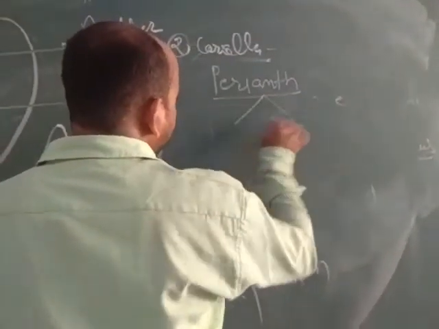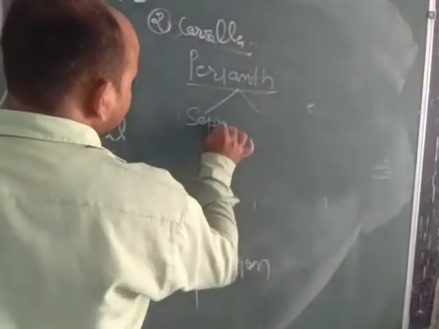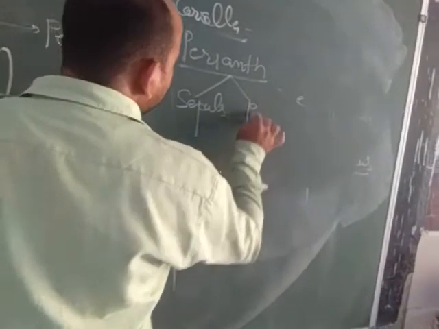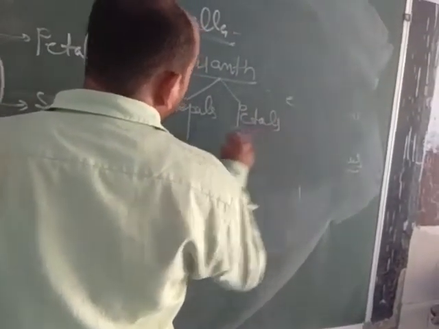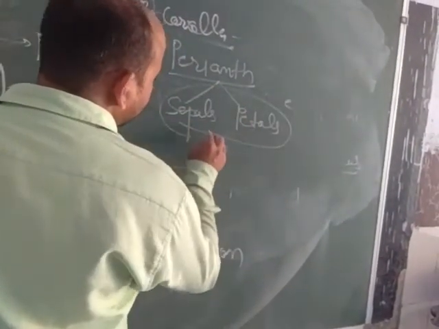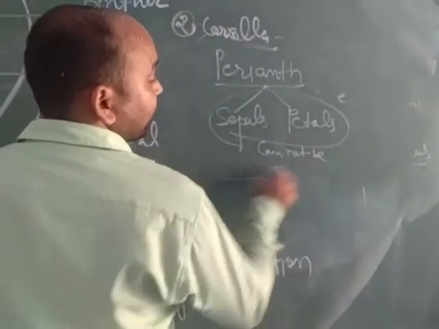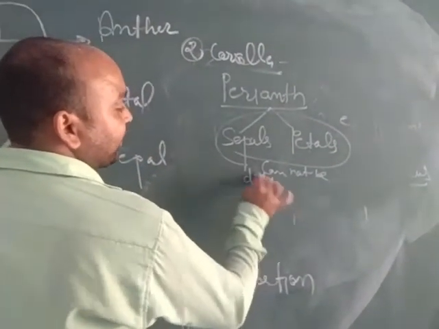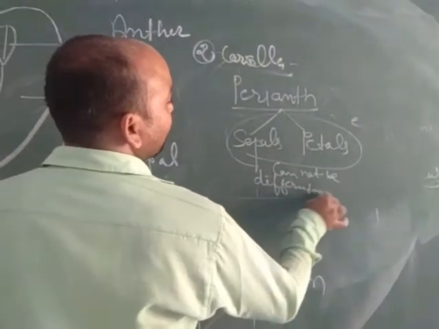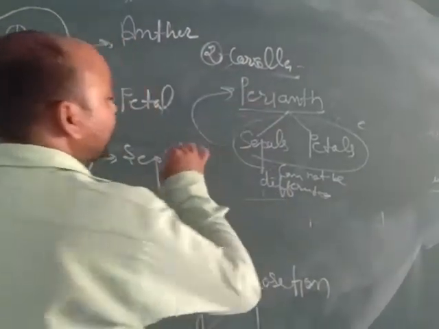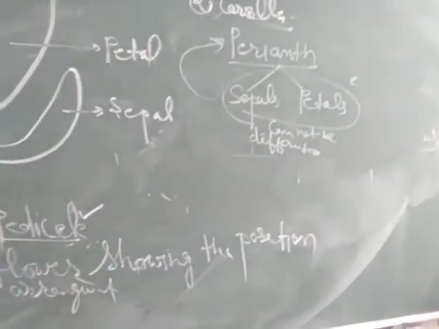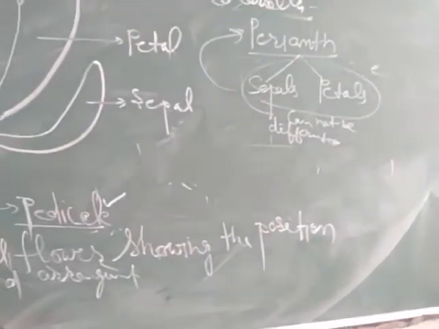When sepals and petals cannot be differentiated from each other, this condition is called the perianth condition, meaning both are of the same color.